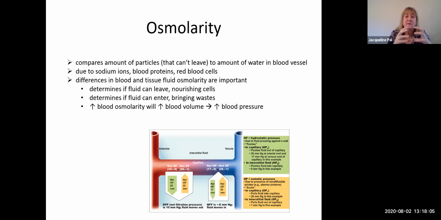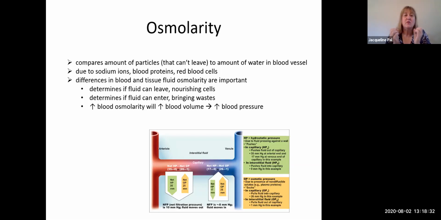And there are differences between the osmolarity inside the blood vessel and the osmolarity of the tissue outside. And these differences are important because it determines whether or not the fluid that's in the blood can leave, thereby bringing the nutrients to the cells. And it also determines if fluid that's in the tissues can enter the blood vessel, thereby bringing waste from the cells.